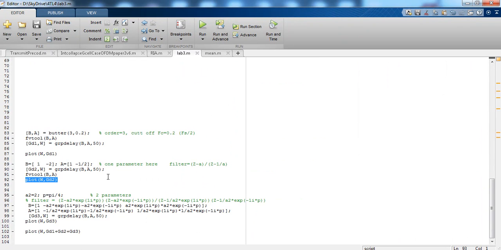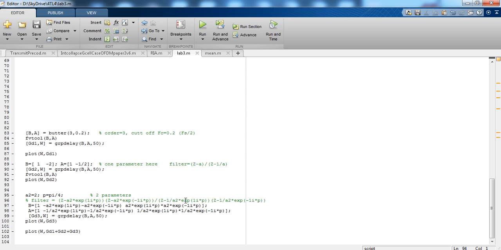Okay. The second one here, the filter is of this form. Two poles, two zeros: z minus a2 e to the power j phi, I called it p, this angle here, and z minus a2 e to the power negative j phi.